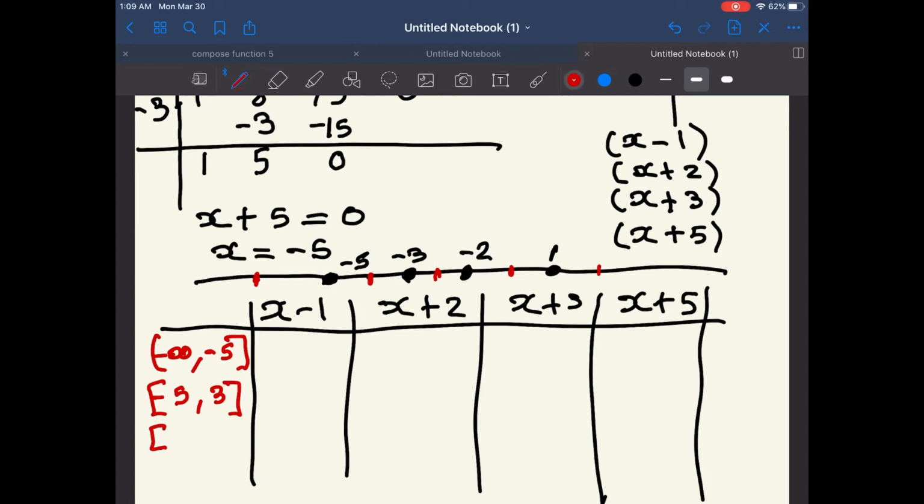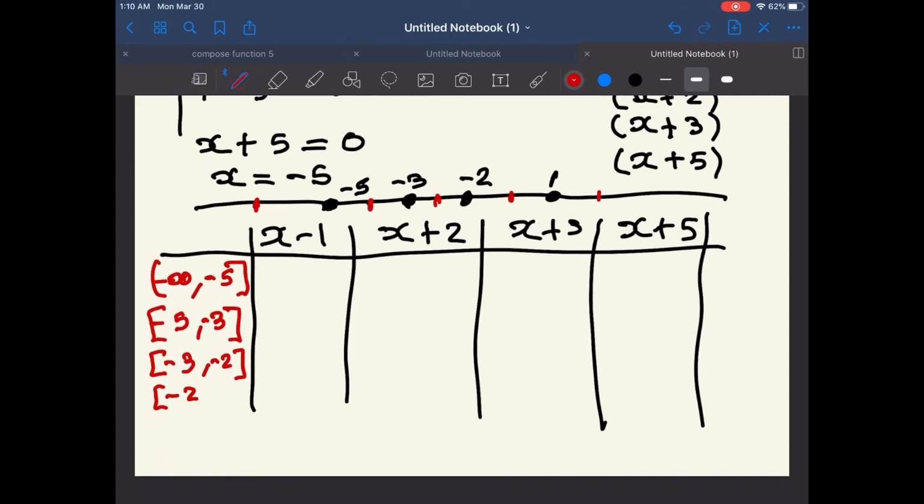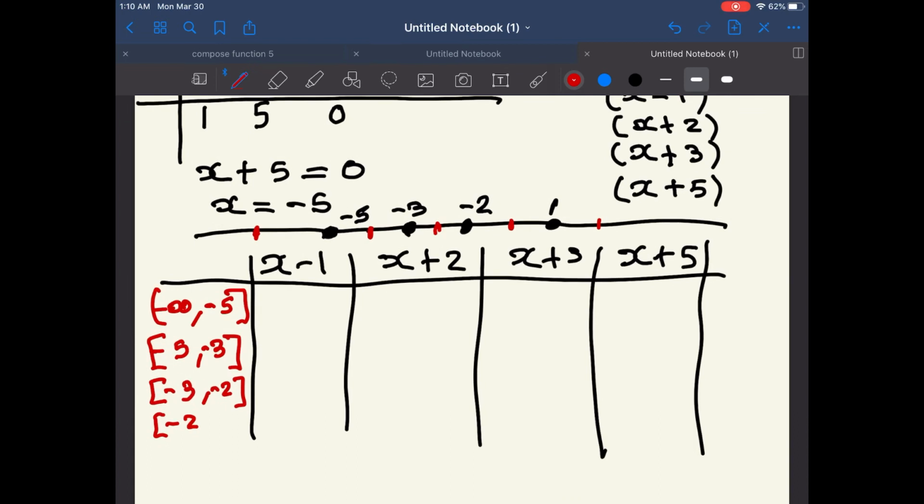Another interval is negative 3 to negative 2. And another interval is negative 2 to 1, and from 1 to positive infinity. These are all the intervals I'm going to use to find my answer.